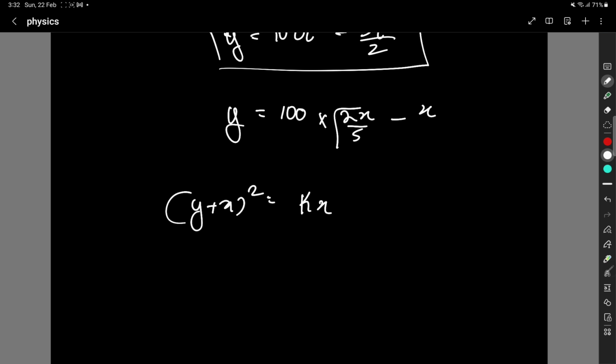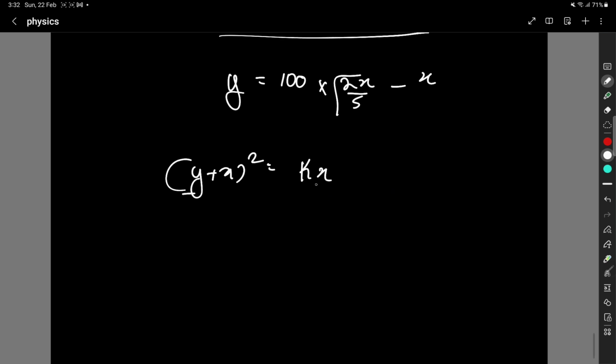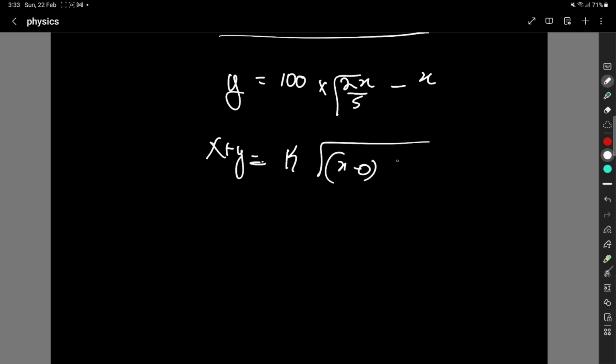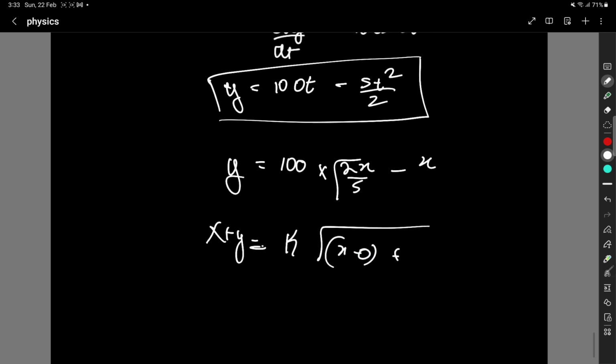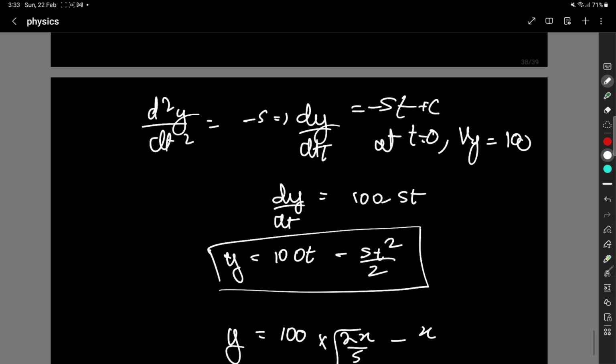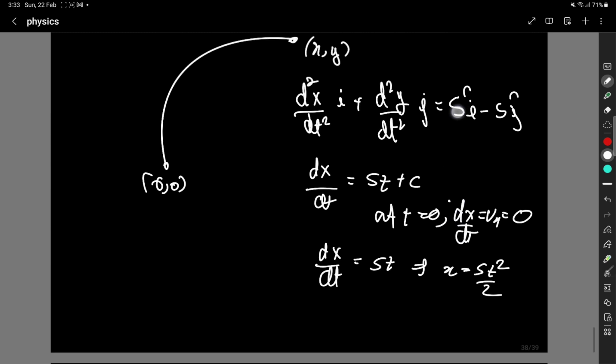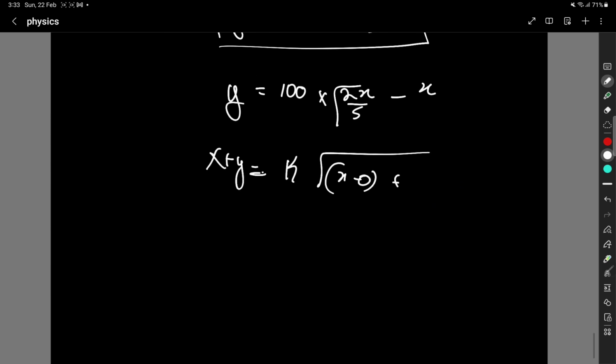I just don't want to solve for the constants also, but clearly, here you can tell that x plus y is equal to some k times root x.